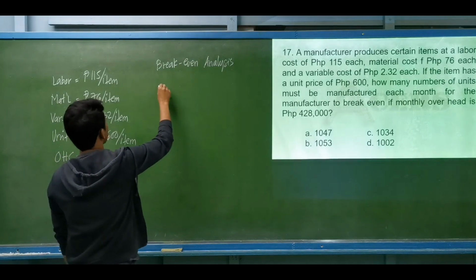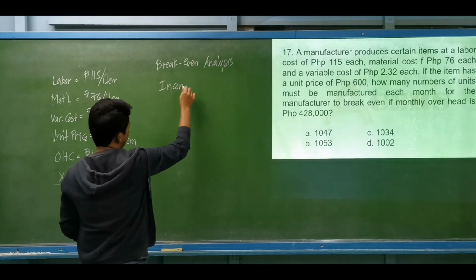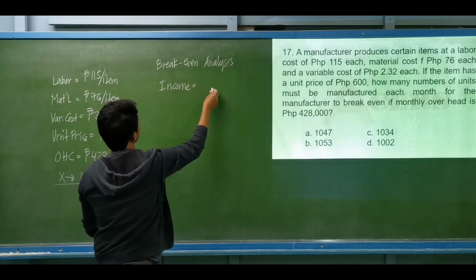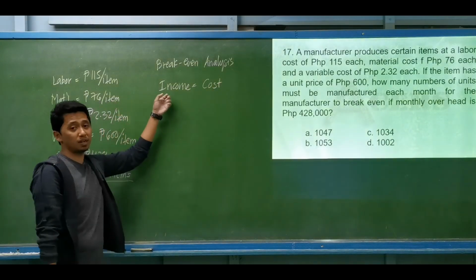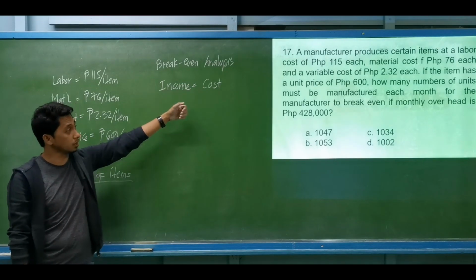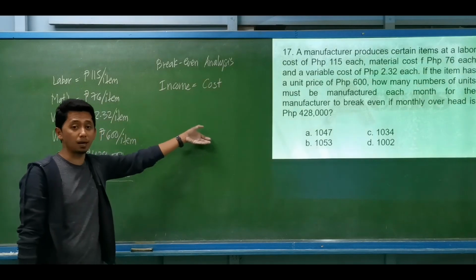All we have to do is equate your income to your costs or your expenses. In break-even analysis, your income should be equal to your expenses or costs. So, how do we have an income? So, paano tayo magkakaroon ng income?